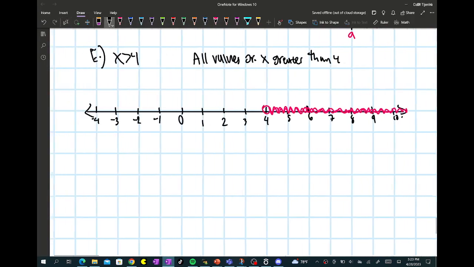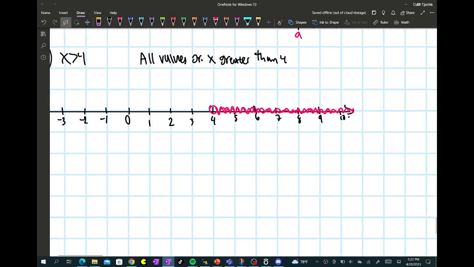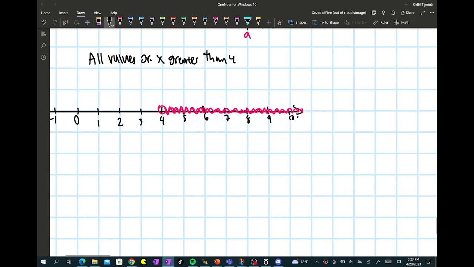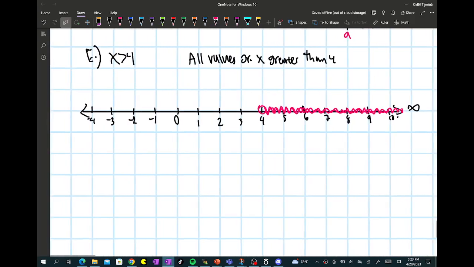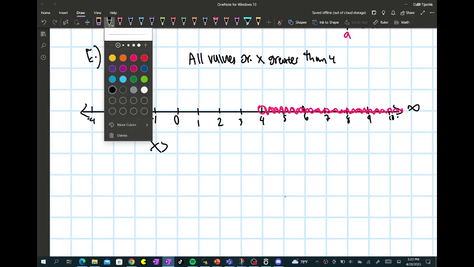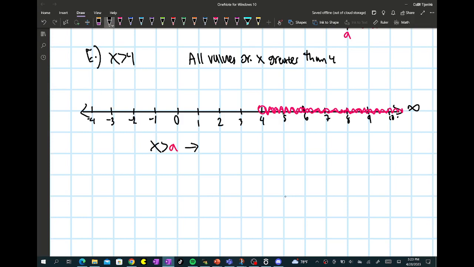And the way that we would write this in interval notation, so from 4, it goes to the right forever, meaning that we're going to have infinity right here. And remember I said that for negative or positive infinity, we don't put brackets, right? You never put brackets for negative or positive infinity, right? So if I said that x is greater than a, then my interval in interval notation would be from a to infinity.